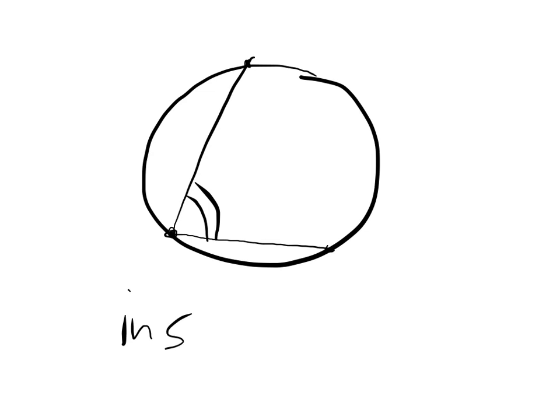Finally, last bit of vocabulary for now associated with circles. I give you a circle, and I've got an angle whose vertex lies on the circle, and each ray that forms the angle passes through and intercepts the circle in exactly 1 point. That angle there is called an inscribed angle of the circle.